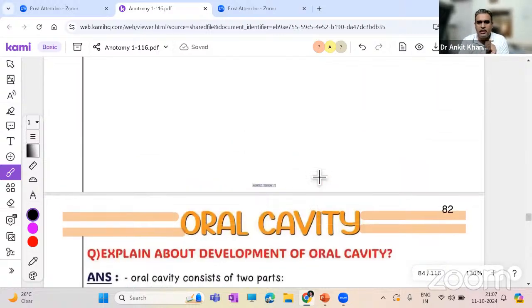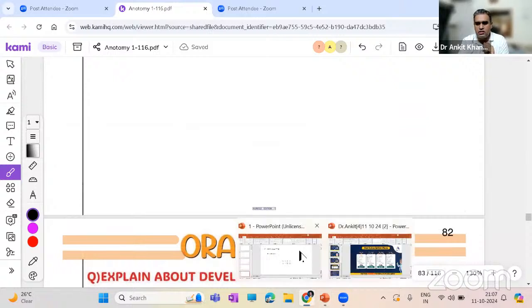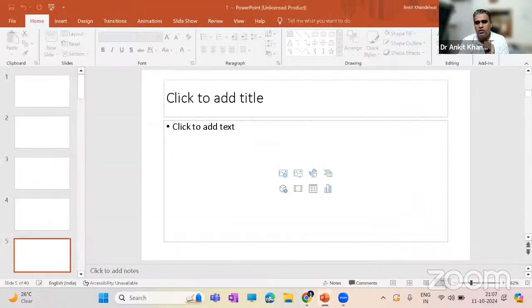Now listen to me very carefully, or let me use this empty slide over here for you to understand. We said, okay, there are three layers: ectoderm, mesoderm, and endoderm. Ectoderm lies most outside, then there is mesoderm, then there is endoderm. Fine. Then we said there are three concentric layers. How many layers are there? Three concentric layers. Fair enough.